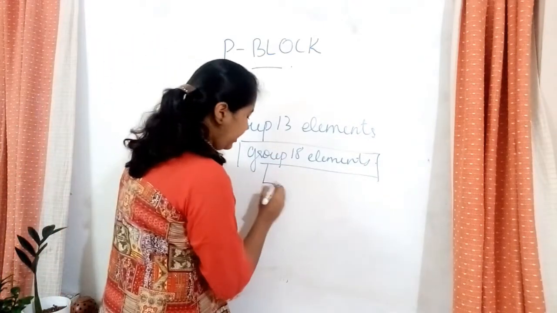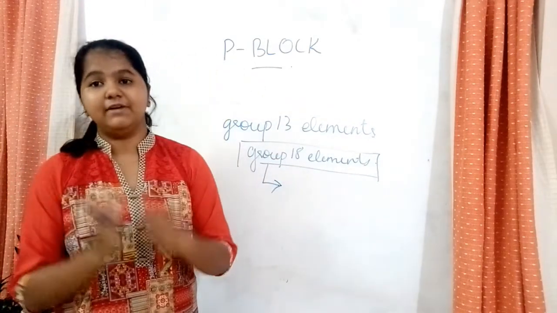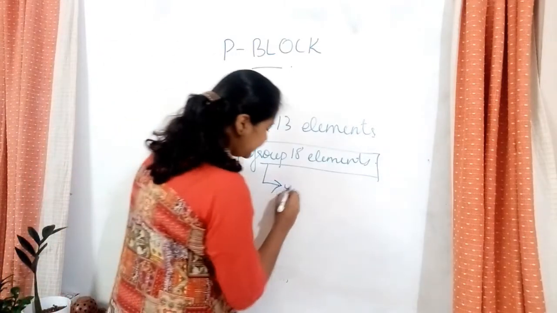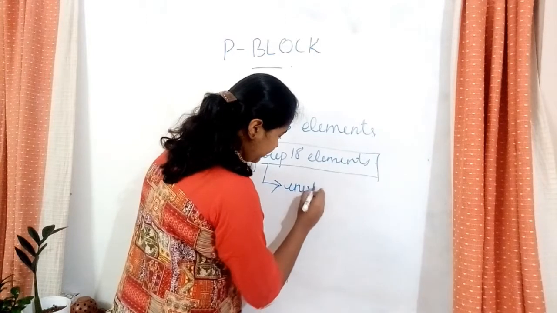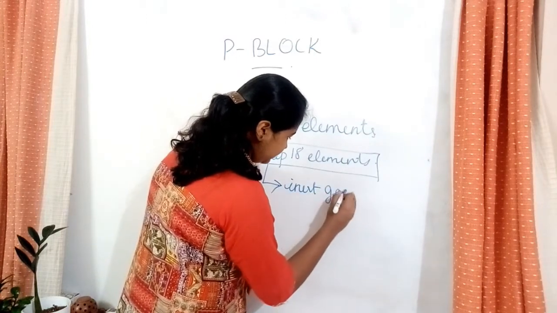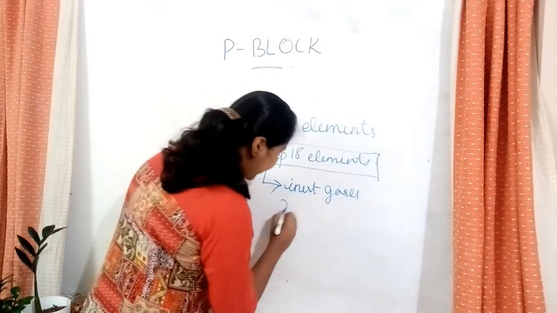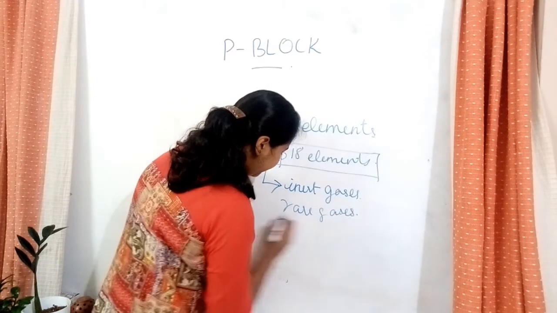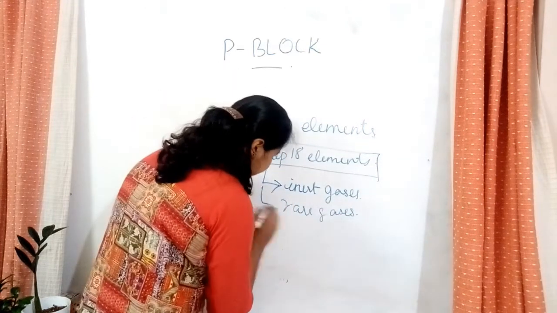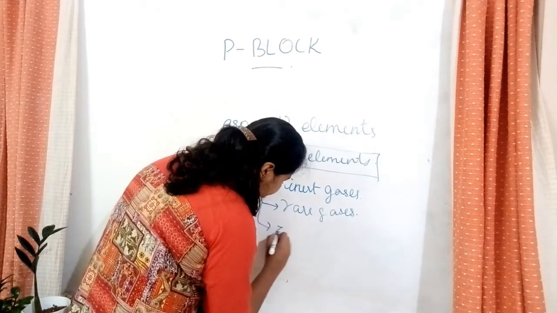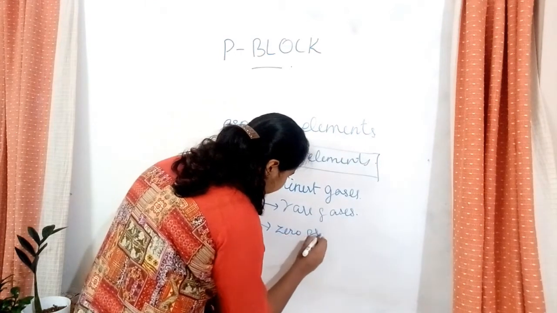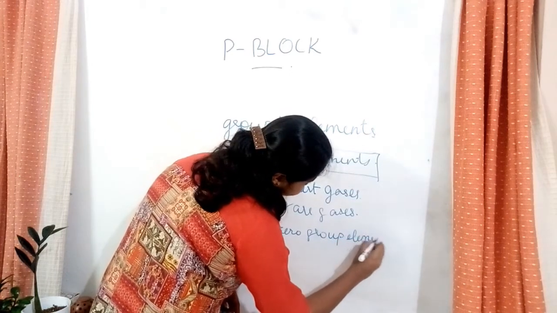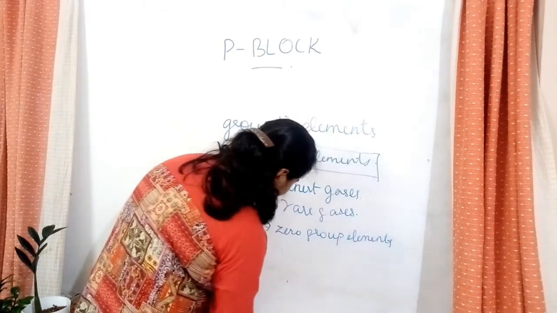So over here we have to learn the terms given for these elements in that group. That is called inert gases or rare gases, or it is called zero group elements, or noble gases.